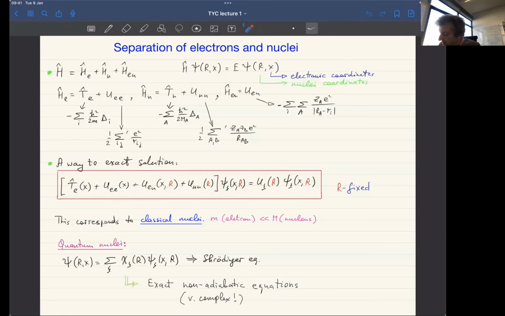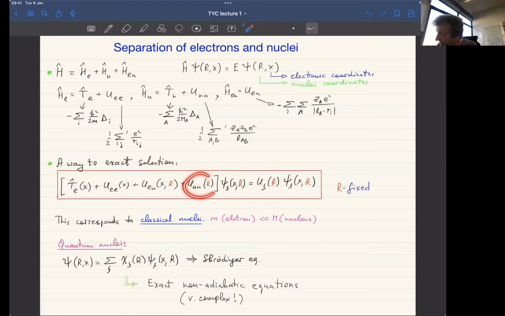So you can see this is the electronic-only Schrödinger equation, in which you have electronic kinetic energy of the electrons, repulsion between electrons, interaction of electrons with fixed nuclei, and the nuclear term. The nuclear term with respect to the electronic degrees of freedom is, of course, a constant.